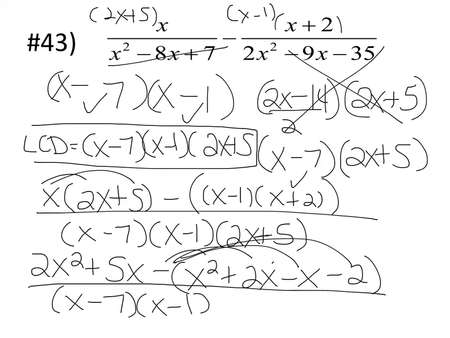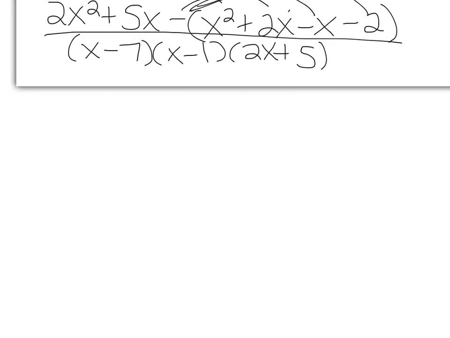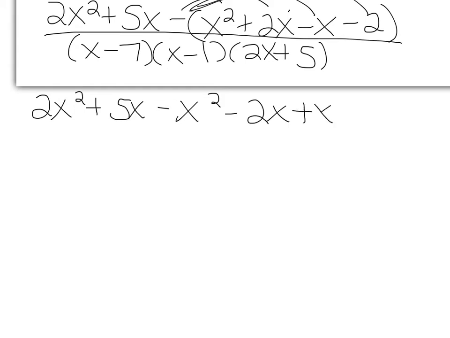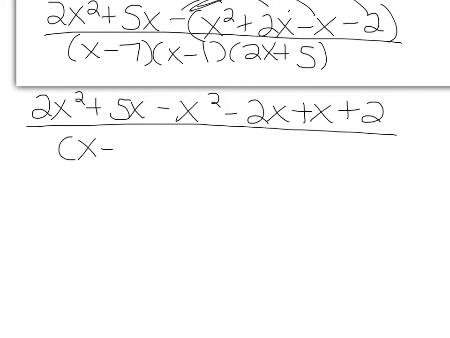Either way, you'll be fine here. So that gives me 2x squared plus 5x minus x squared minus 2x plus x plus 2. And this is all over x minus 7 times x minus 1 times 2x plus 5.